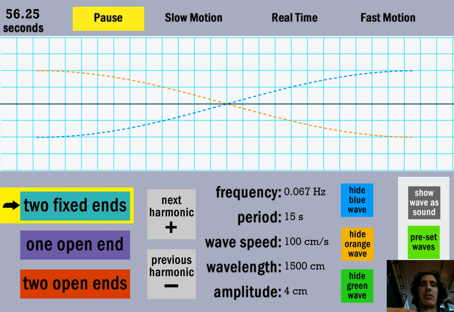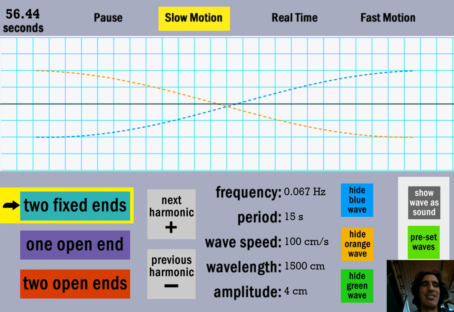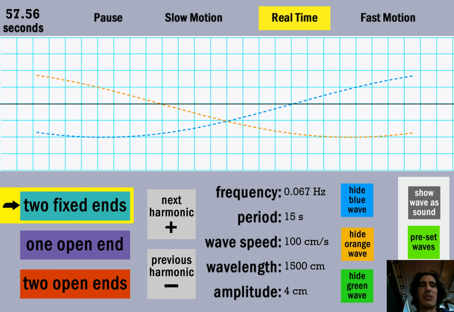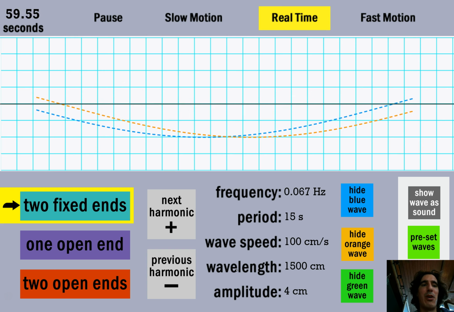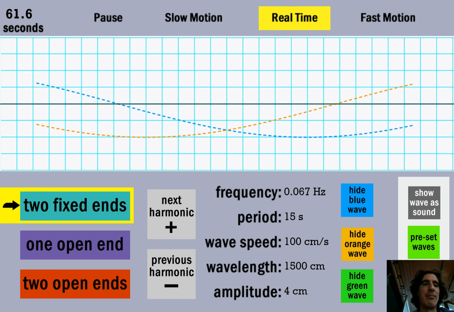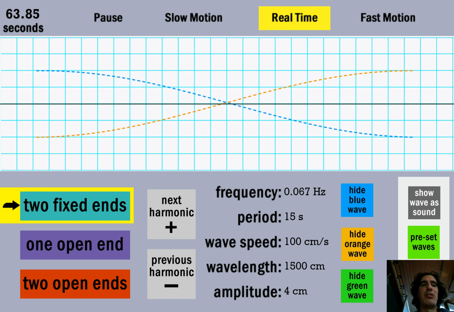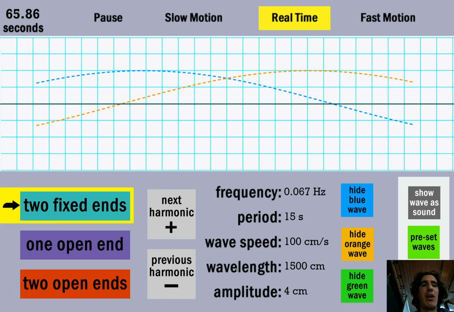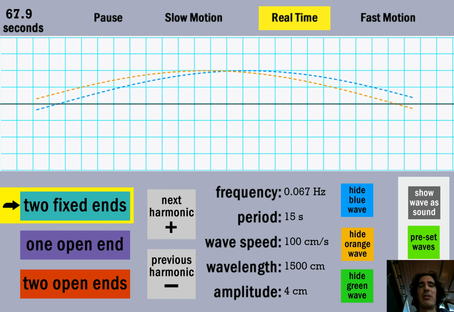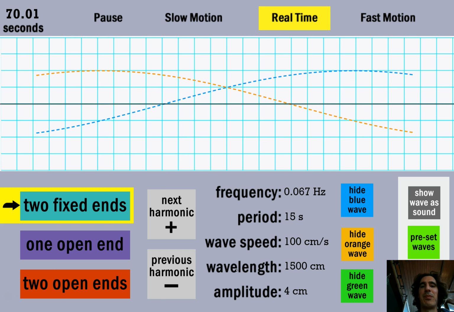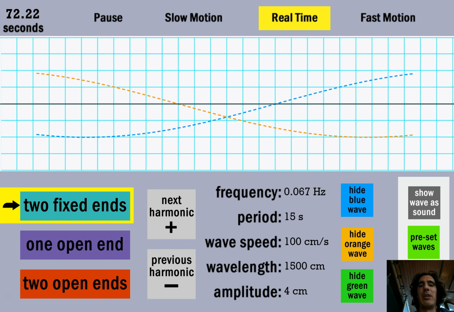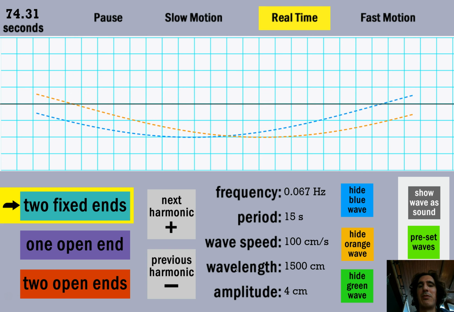When we press play, in slow motion, we'll put it in real time, notice that the orange and blue waves are always parts of destructive interference, and they're always going to add up to 0 because they're the same amplitudes. If we look in the middle of the wave, that's where we have constructive interference.